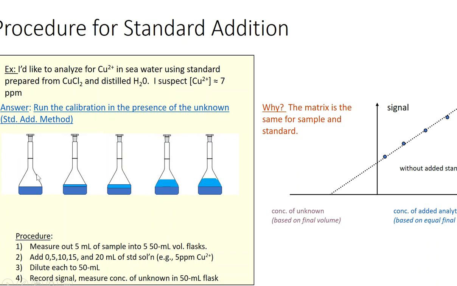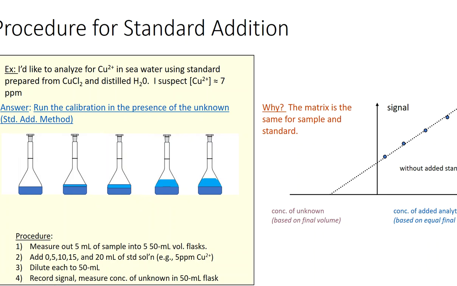So here's how it would work. We'll get 5 volumetric flasks, and in all 5 of these volumetric flasks, we're going to put 5 milliliters of our seawater sample. So every one of these has the same amount of seawater, 5 milliliters of seawater. In addition to the analyte, the copper that we're looking for in the seawater, there's all kinds of other chemical species that might enhance our signal, they might suppress the signal, but at least all of our samples have the same amount of that matrix now.